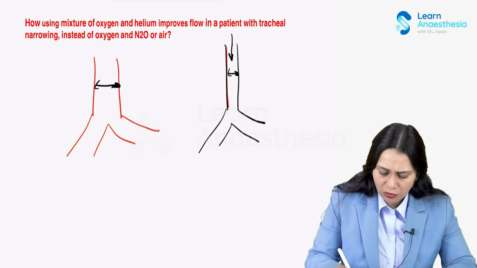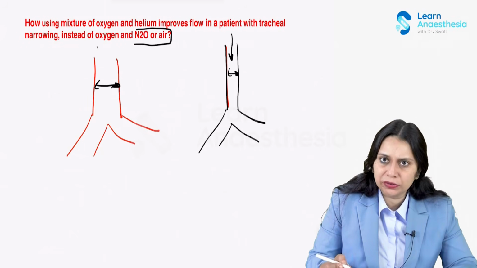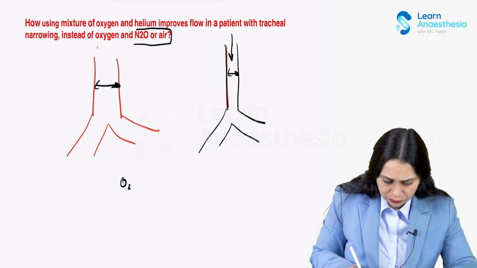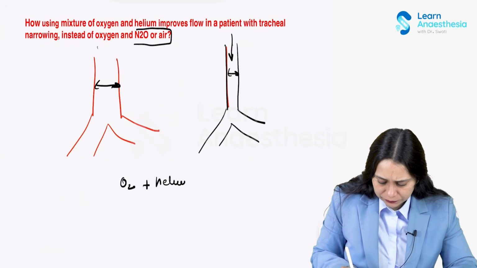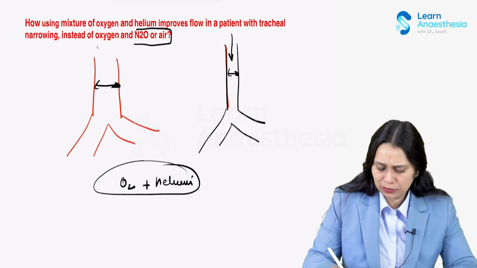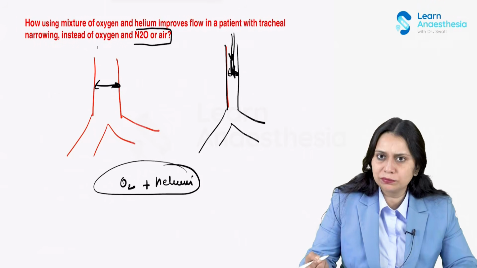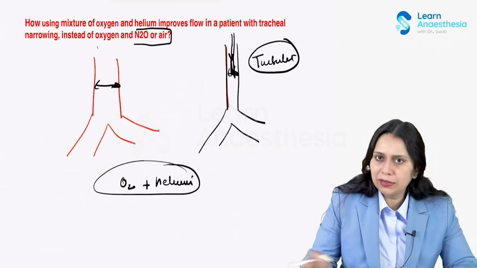So instead of oxygen, nitrous oxide and air, or air with oxygen, we mix oxygen with helium. So remember, when the mixture flows through a narrow tube, the narrow tube will make the flow turbulent, right?